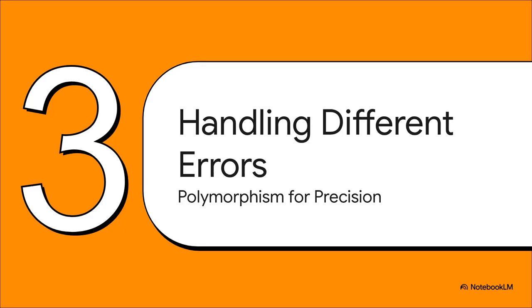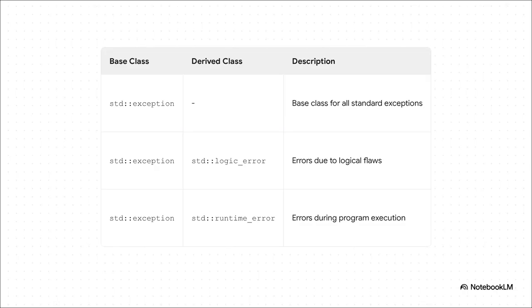But of course, not all errors are the same, right? A file not found error is totally different from a weird math logic error. C++ has a really powerful way for us to manage all of this complexity, and it uses the class hierarchy and polymorphism to do it. See, at the very top of the standard library's hierarchy, we have std::exception. Everything else comes from this.